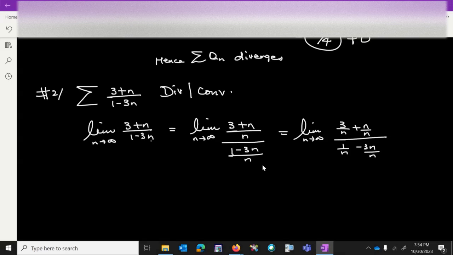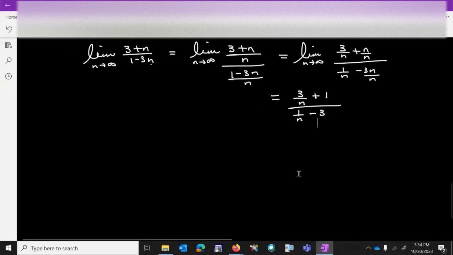So as n approaches infinity, this gives me 3 over n plus just 1, since n over n is 1, over 1 over n minus 3. Now I substitute n with infinity. 3 over infinity is 0, so this is plus just 1.